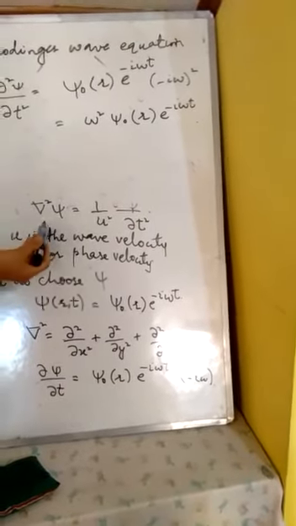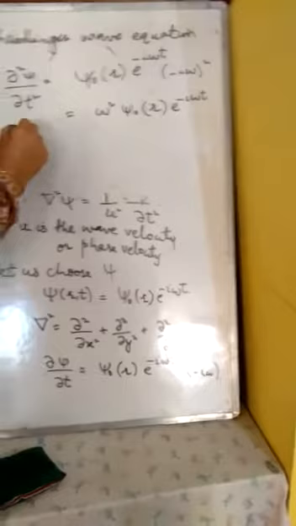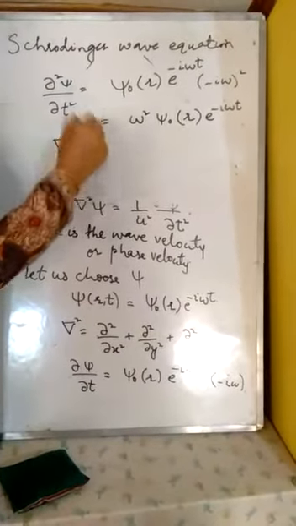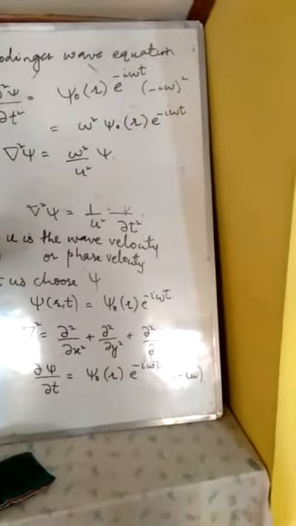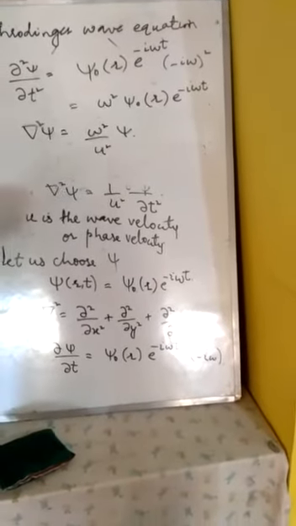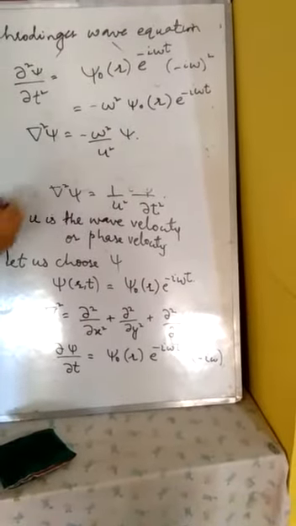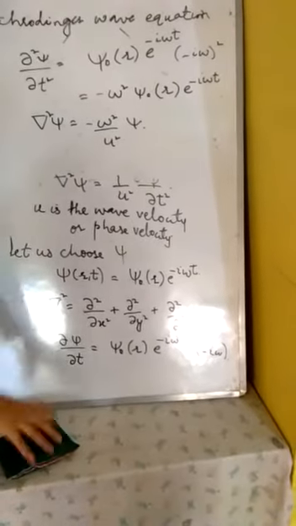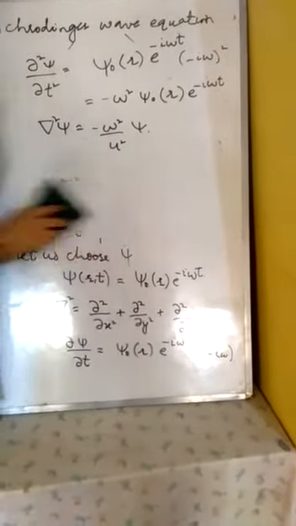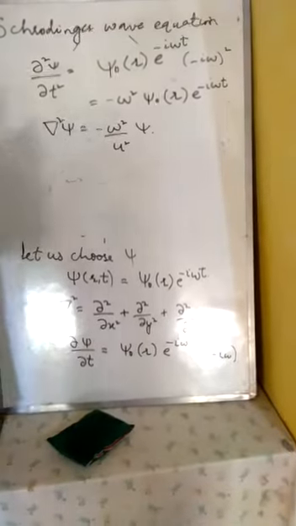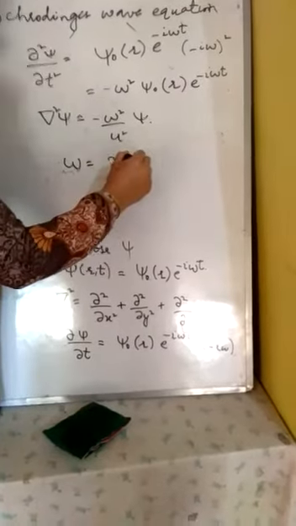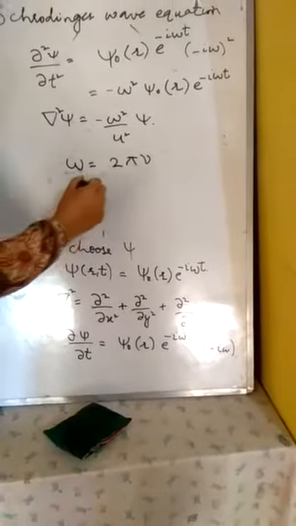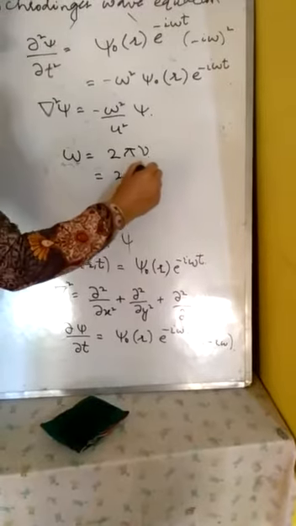Right? So if we substitute it back in this equation, we get del square psi is equal to, for this we can write omega square by u square, psi. And of course this minus sign will remain. Now let us choose to work with this omega. This omega is of course 2 pi nu, and for this nu we can write 2 pi u by lambda.